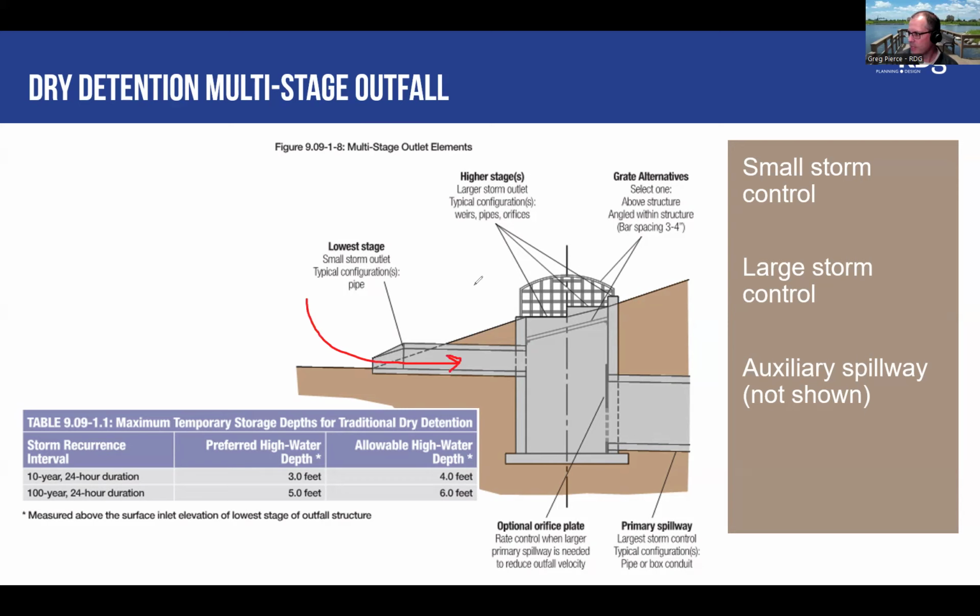And then this could be the outlet structure, maybe something that has an open top with different levels of weirs. Or in some cases, it may be more like a traditional area intake that has openings on the sides that control the water level. So the water level rises to a point with these moderate storms, but then eventually it flows into the openings as the water level rises.